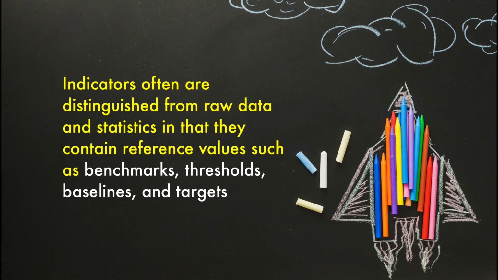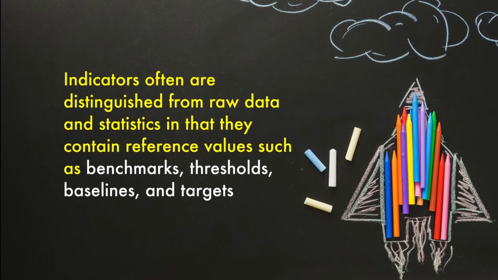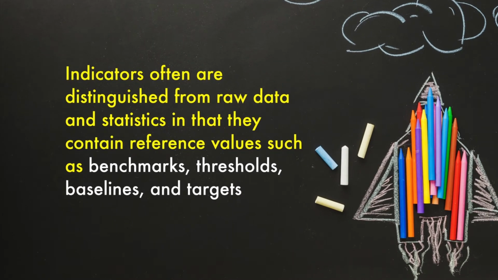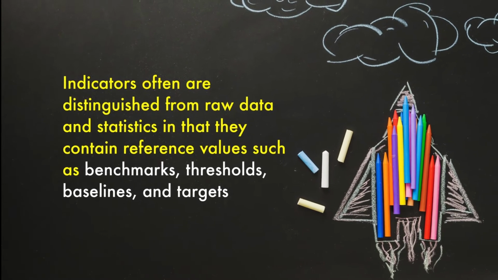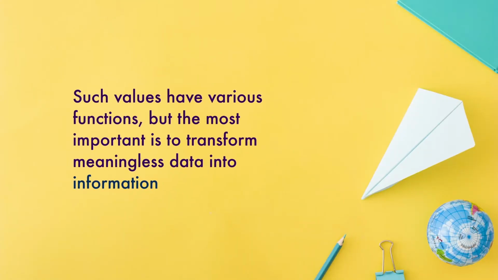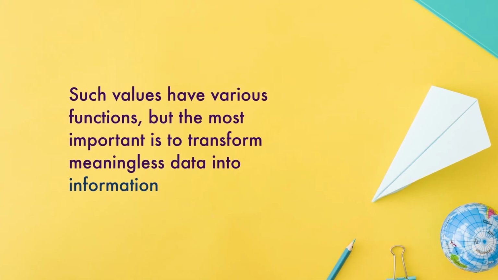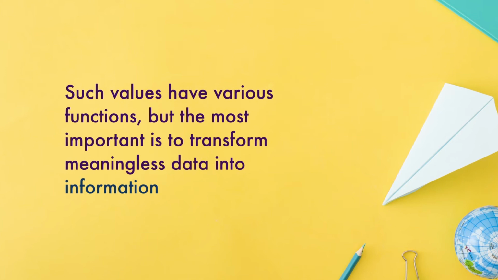Indicators often are distinguished from raw data and statistics in that they contain reference values, such as benchmark, threshold, baseline, and target. Now, all these values have various functions, but the most important is to transform those meaningless data into information.